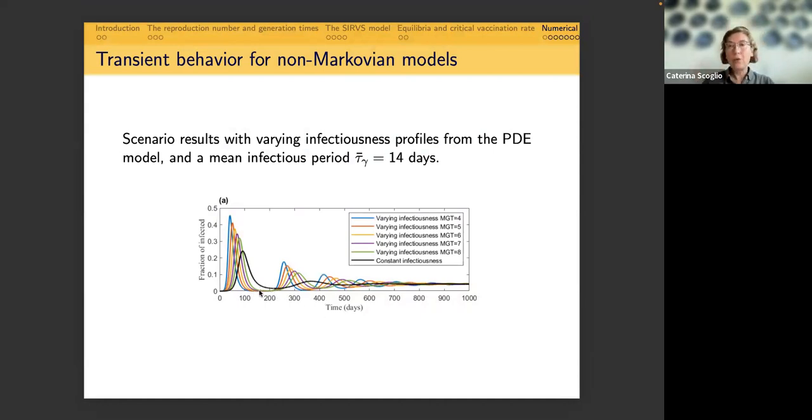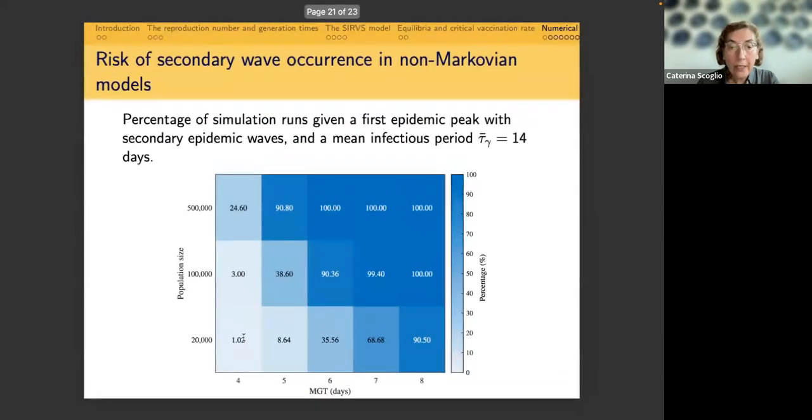So there are more opportunities to die out compared, for example, to this green curve, which is the varying infectiousness with mean generation time equal to 8. This is why we think a small mean generation time will have only 1%, or a small percent, of curves with the secondary peak.